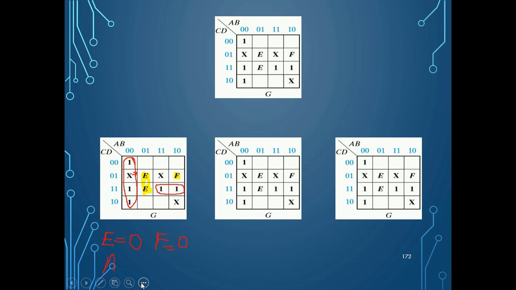It is A bar B bar for this, and for this term I'm going to write plus A C D. So this is the final expression we are going to write. And next, let us see the second case.